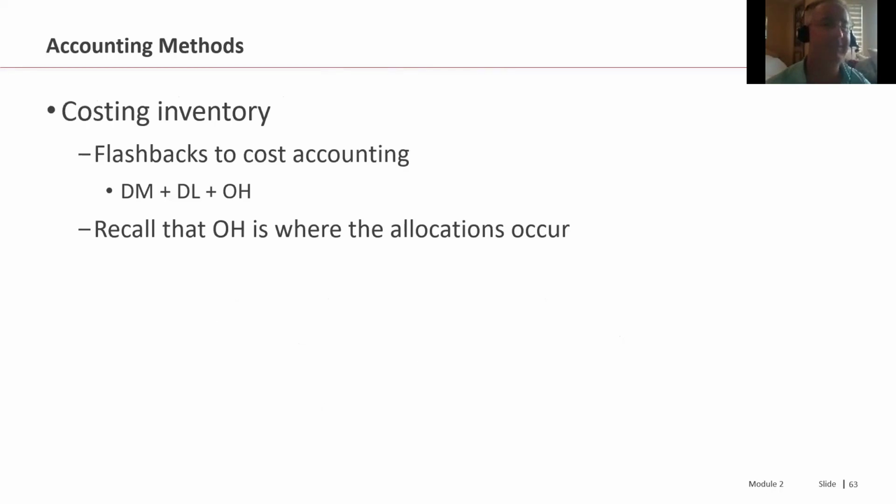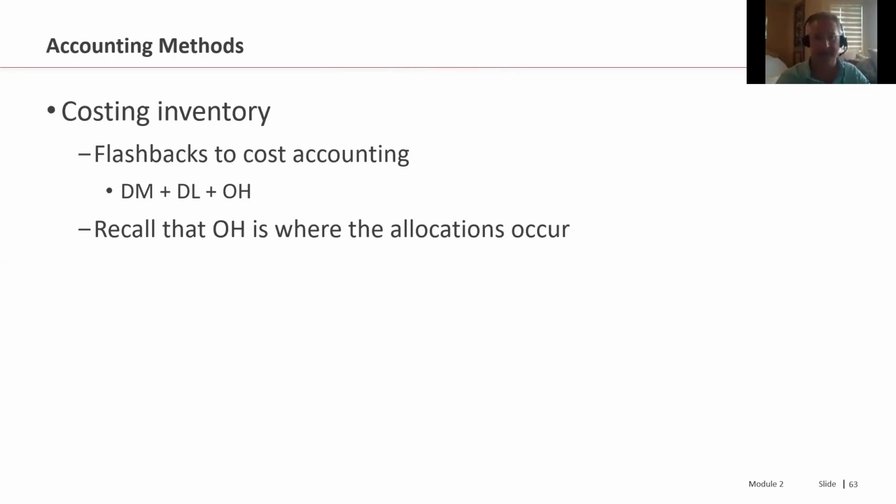Okay, so when we think about costing our inventory, let's flash back to our cost accounting. And remember that the cost of inventory is really direct materials plus direct labor plus overhead. And recall that overhead is where all those allocations occur, right? Maybe we use a general method, units of production, maybe we use activity-based costing, but whatever we do, we're taking that overhead, factory rent, utilities, and we're determining what part of that belongs in inventory.